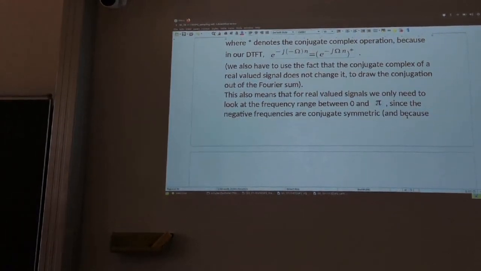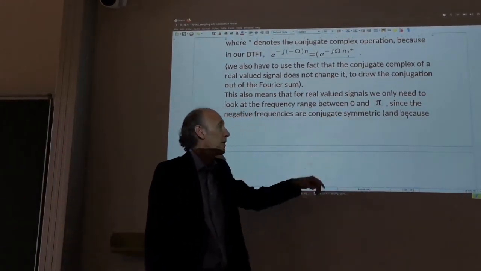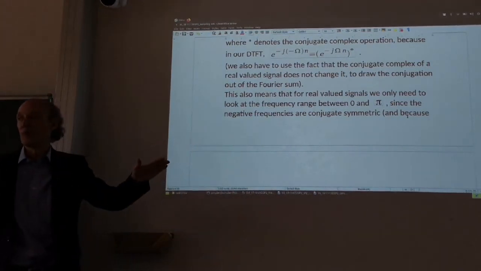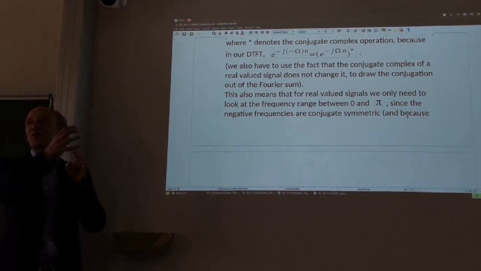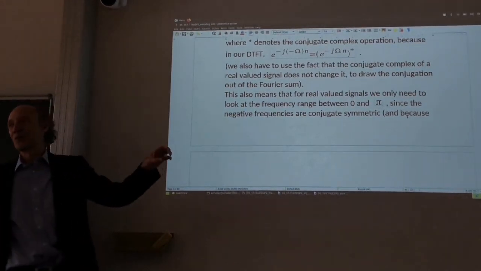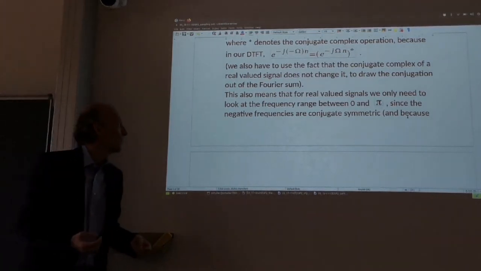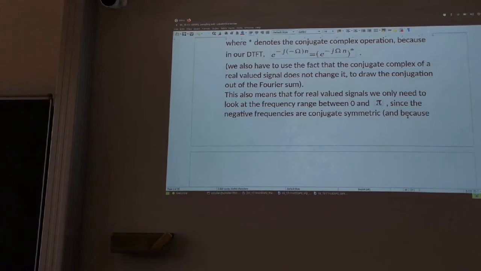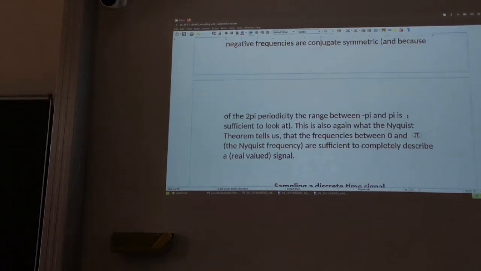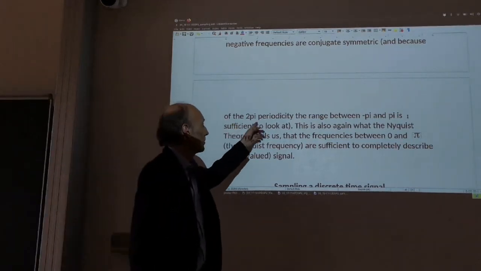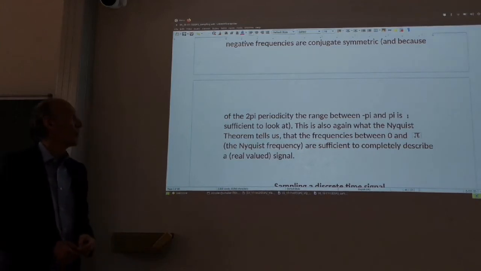So that means for real-valued signals, you only need to look at the frequency range between 0 and pi, the positive frequencies, because the range between pi and 2 pi is basically the negative frequencies from 0 to minus pi, and that's just the conjugate complex version.